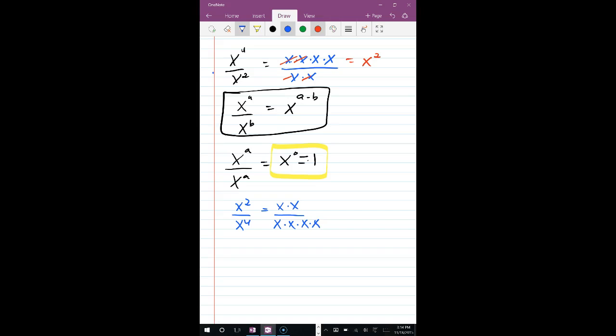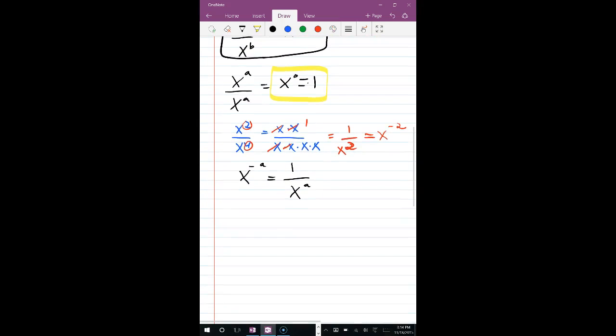Canceling out common factors, we are now left with 1 over x squared. But we also know that the rule is to subtract the exponents. So when we do the 2 minus the 4, that's the same as x to the negative 2, which in the past you've generalized as if you have x to the negative a, that's the same as 1 over x to the a.